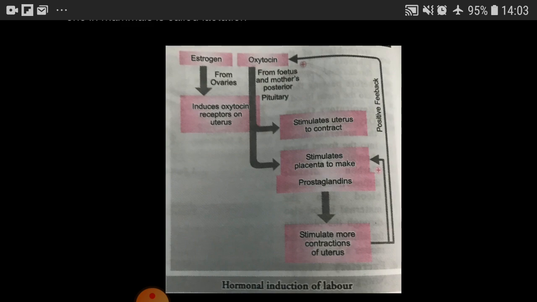Now lactation. The mammary glands of the female undergo differentiation during pregnancy, and they start producing milk towards the end of pregnancy by the process which is known as lactation. This helps the mother in feeding the newborn child.